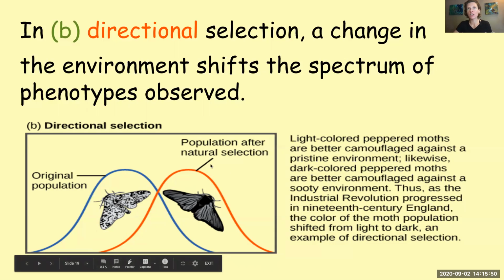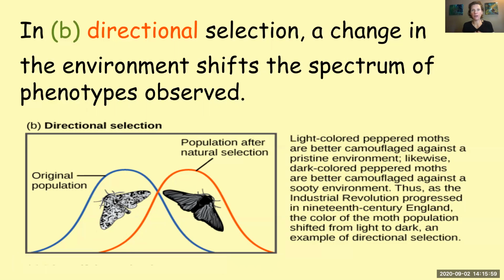That's called a directional shift, or directional selection. After the Industrial Revolution, once there became awareness of measures and the ability to produce cleaner fuel, there was a shift back toward that original population.